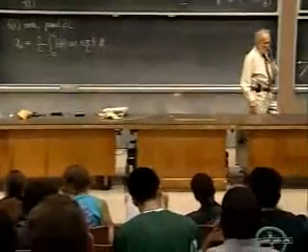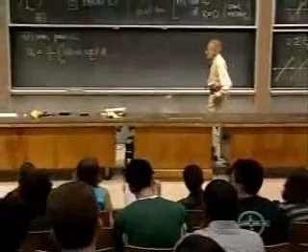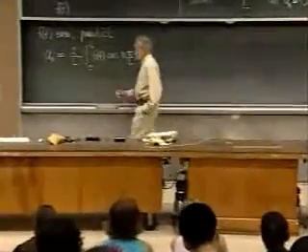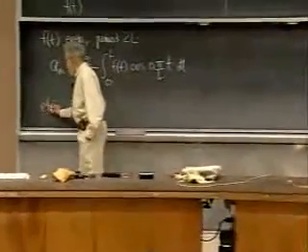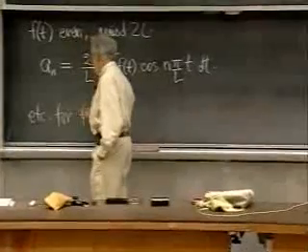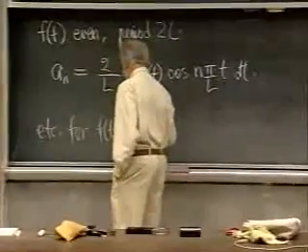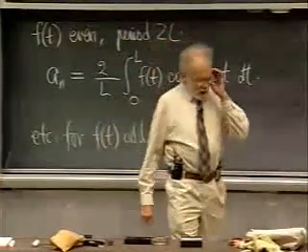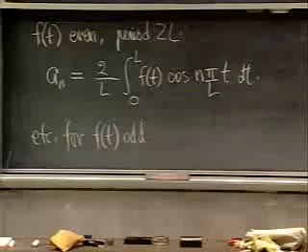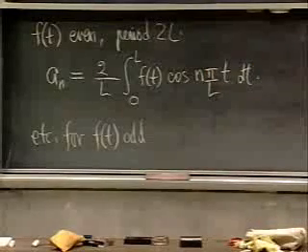So now the bn's will be 0, and you'll just have positive, etc. Similar, so etc. for odd. As I say, this is an important case, particularly if the period is 2.